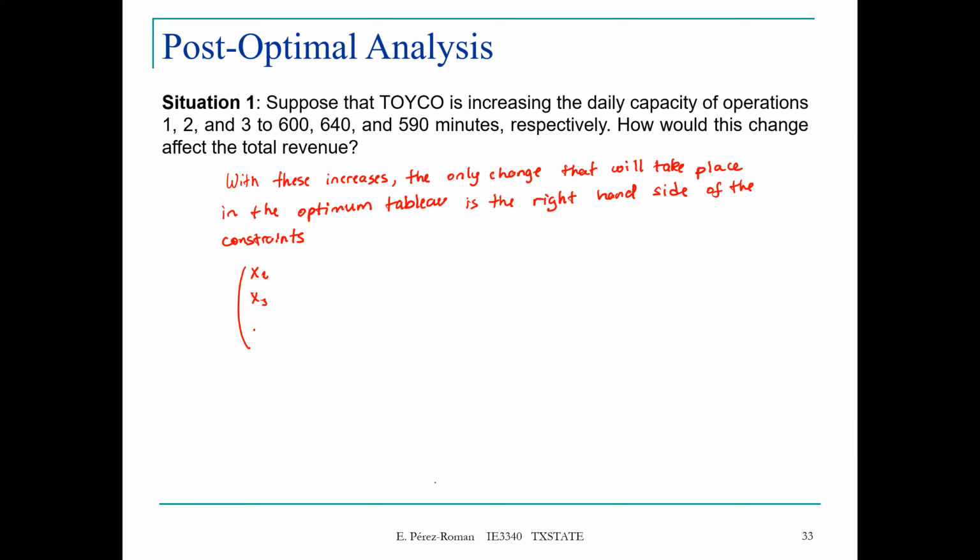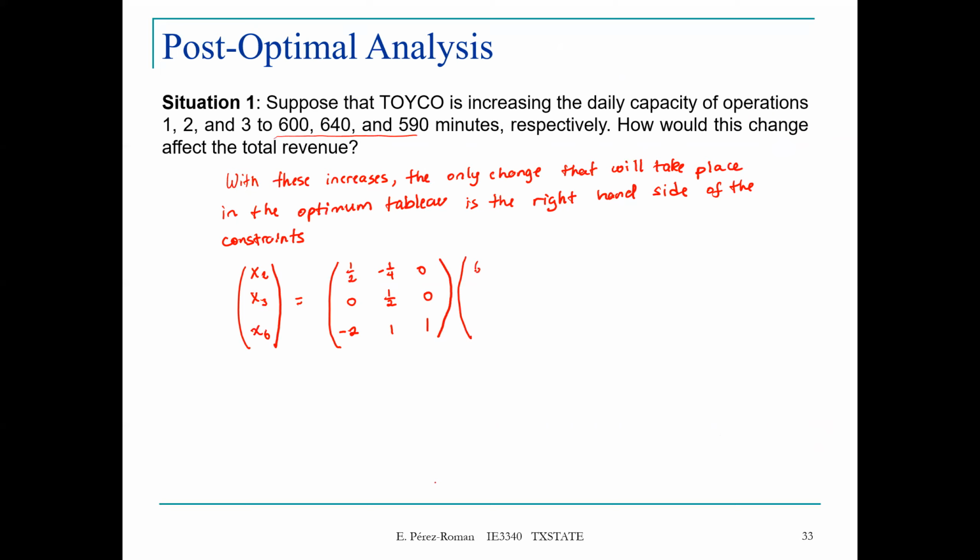X2, X3, and X6. The inverse, as stated in that optimal tableau, is 1/2, minus 1/4, 0, 0, 1/2, 0, minus 2, 1, and 1. And the new right-hand side is given by these values.